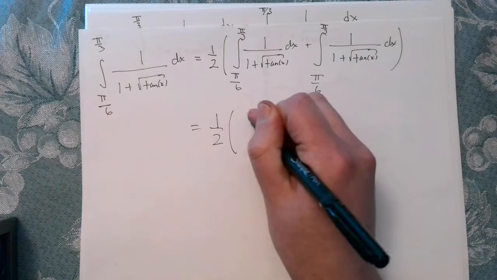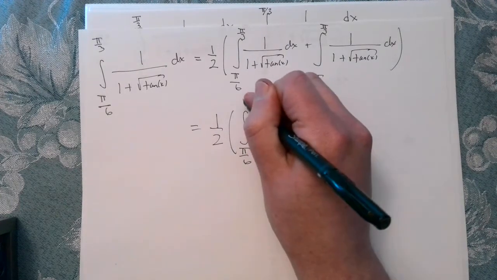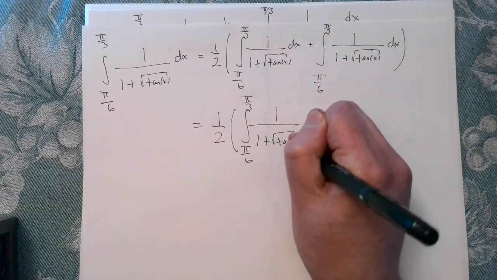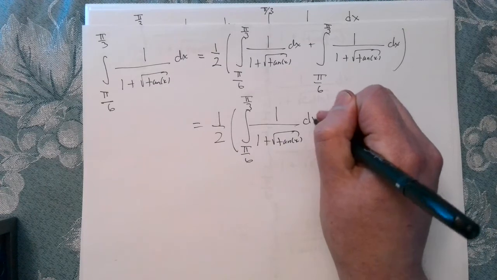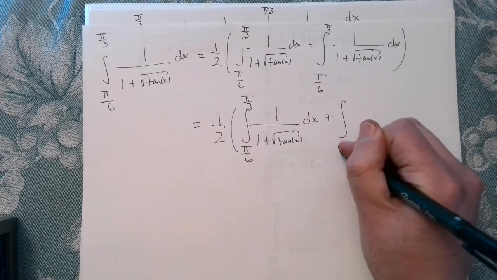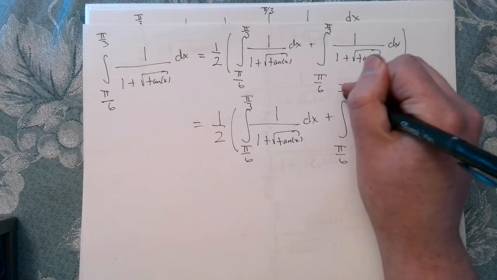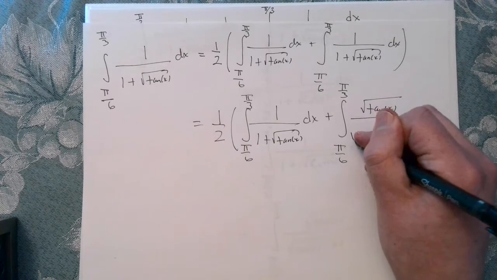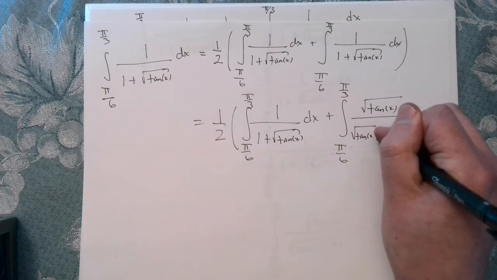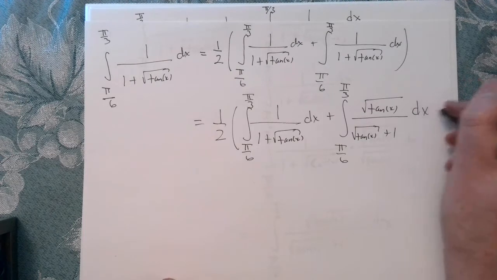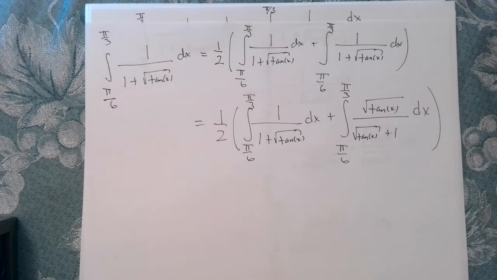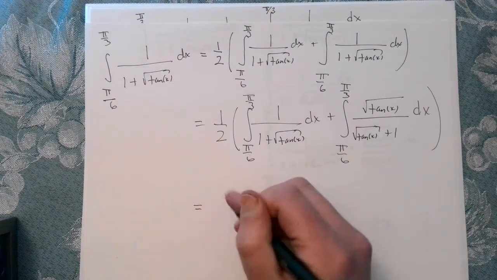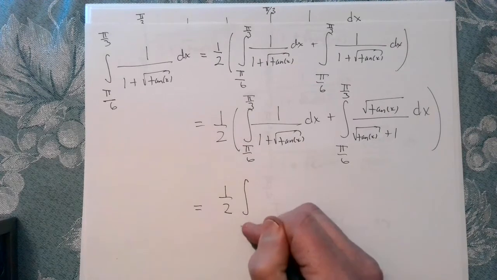This is 1/2 the integral from pi over 6 to pi over 3 of 1 over 1 plus the square root of tangent of x dx, plus the integral from pi over 6 to pi over 3 of the square root of tangent of x over the square root of tangent of x plus 1. But the integral is additive, so I can combine these into a single integral, and that gives me the following.